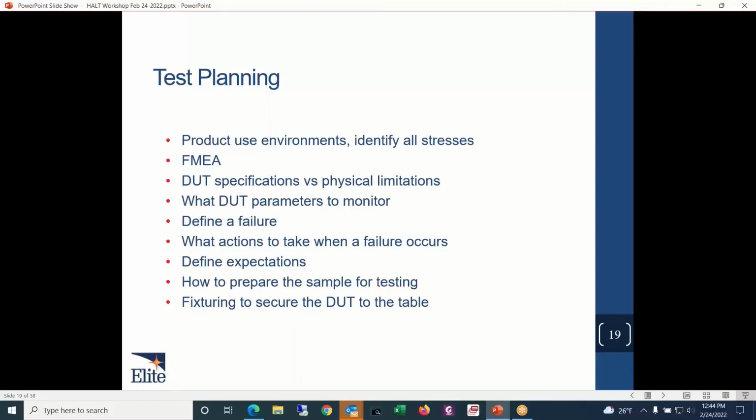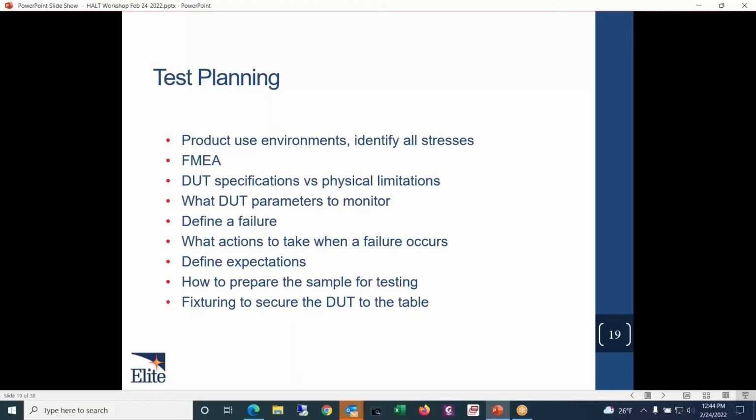Knowing what parameters to monitor: what are you going to consider a failure on your product? A lot of times when we test LCDs, we'll bring that LCD to a cold temperature, and eventually the liquid in the crystal will cool, and you'll see the LCD begin to get a little bit more sluggish, and eventually you won't see it at all.